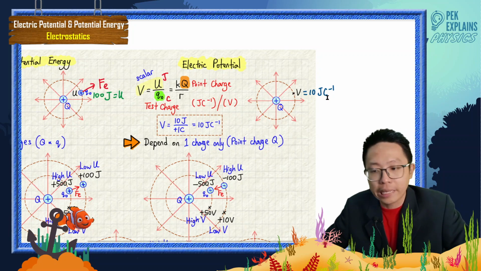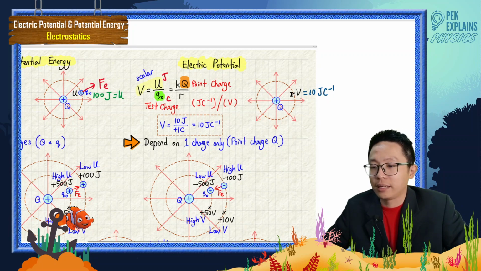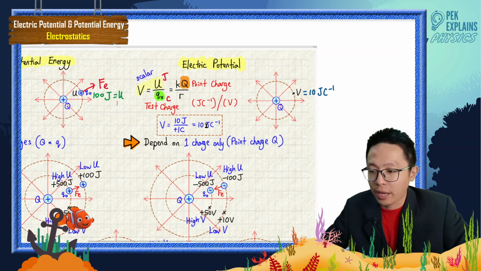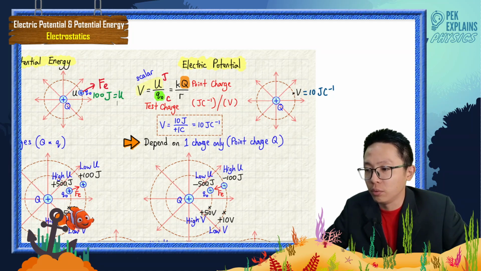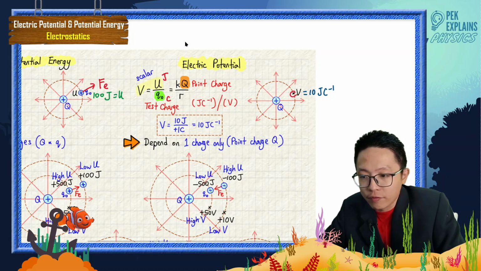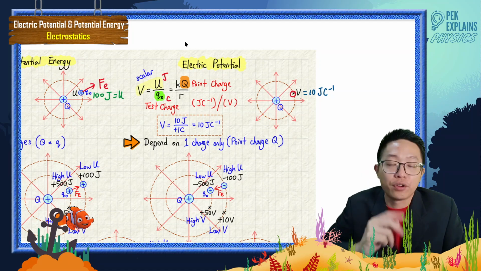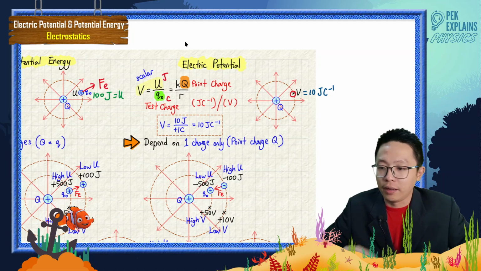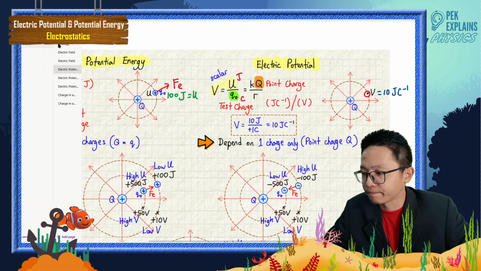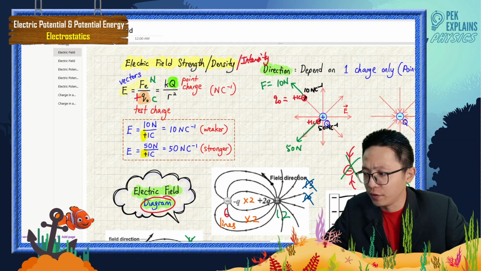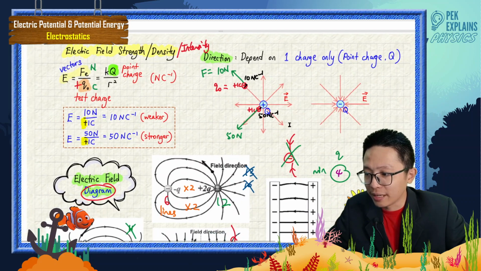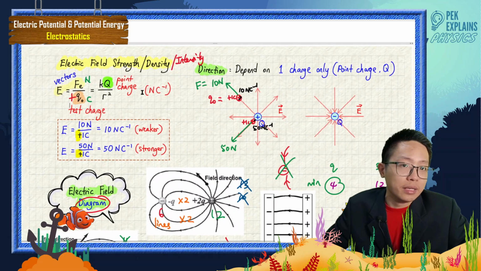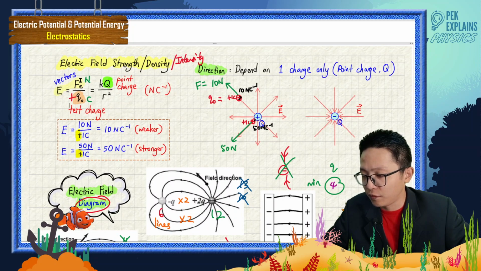How do we understand that? It means that if we have a positive 1 coulomb charge just right over here. It's just like the electric field strength. Let's go back to what we have learned in electric field. Electric field strength is force per unit test charge.